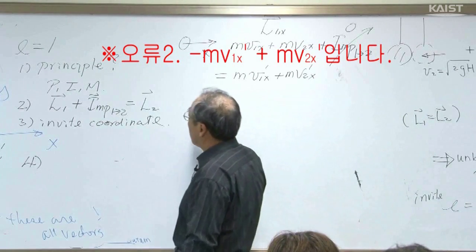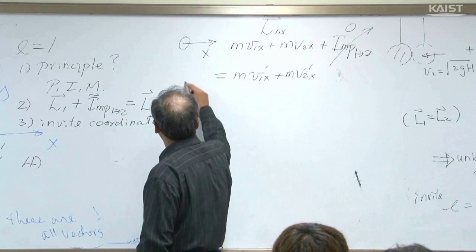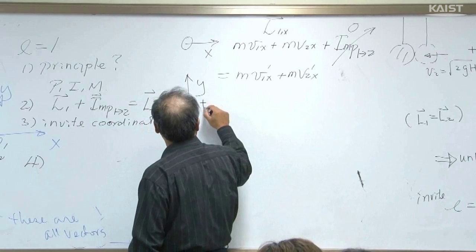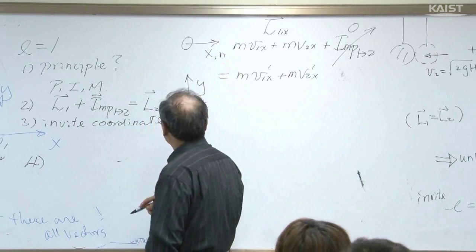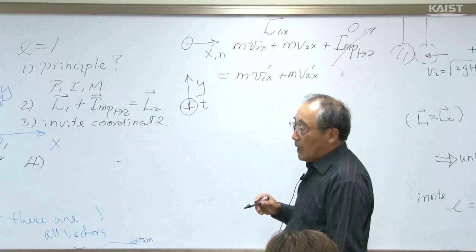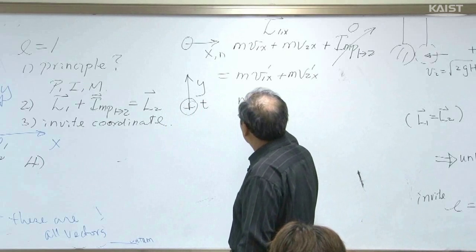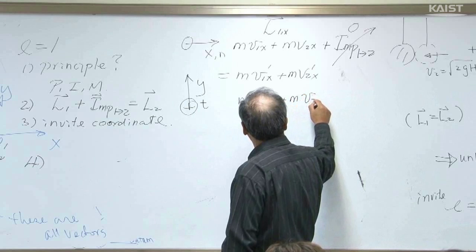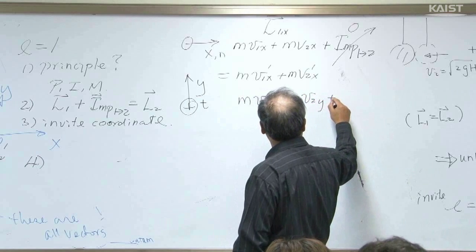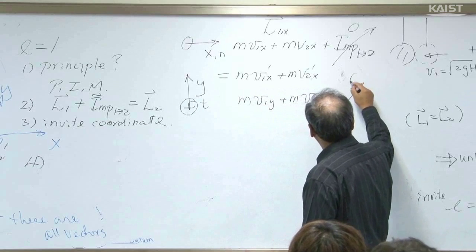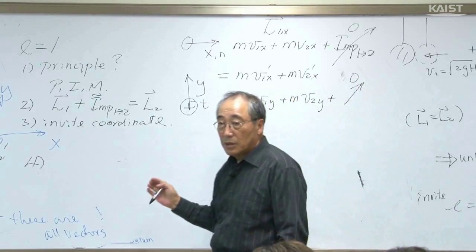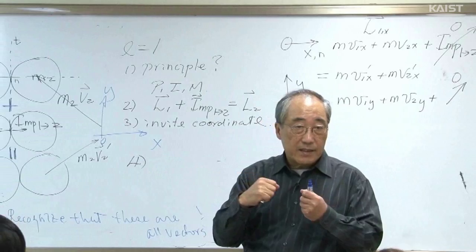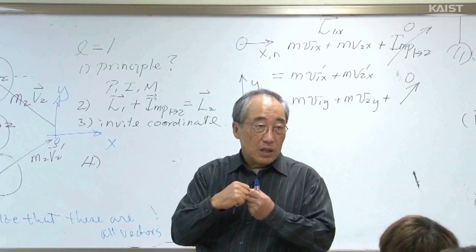And in the y direction, or you could say the tangential direction, and this is the normal direction. What do I have? m1v1y plus m2v2y plus there is no impulse 1 and 2 because the impulse only acts in the normal direction on each other.